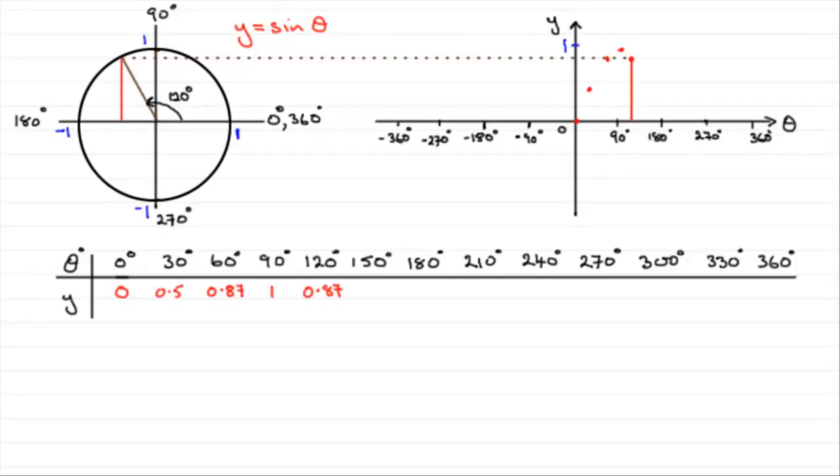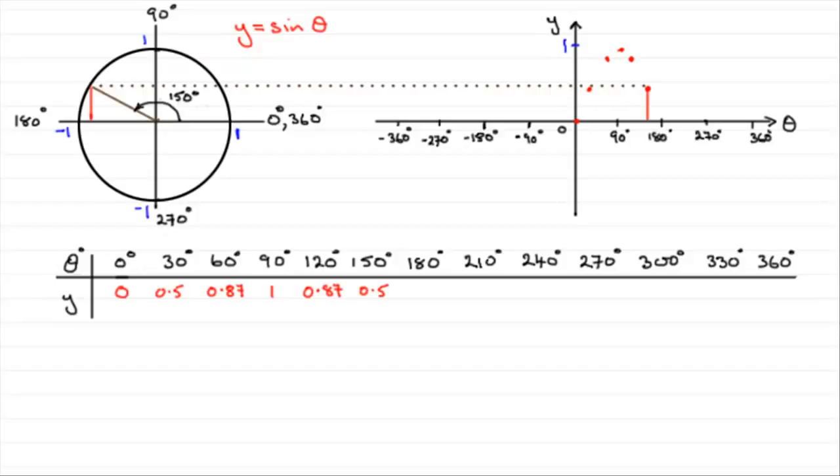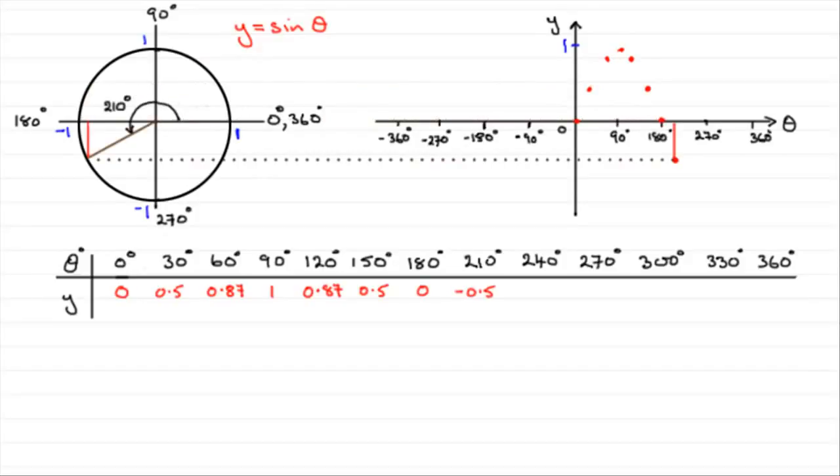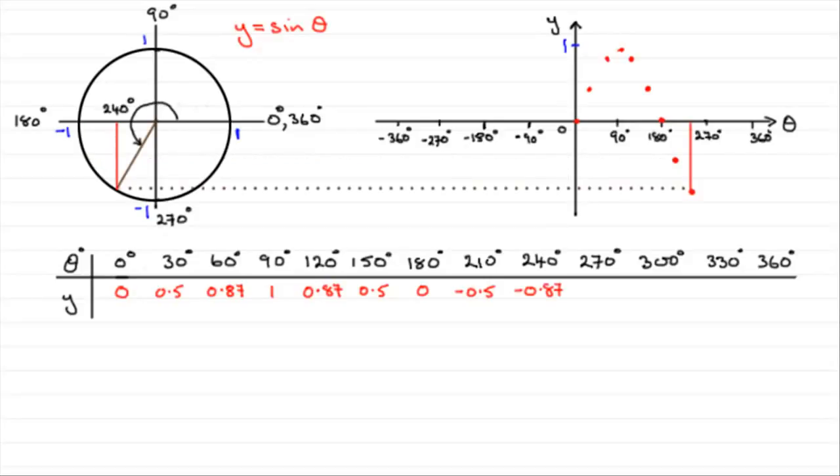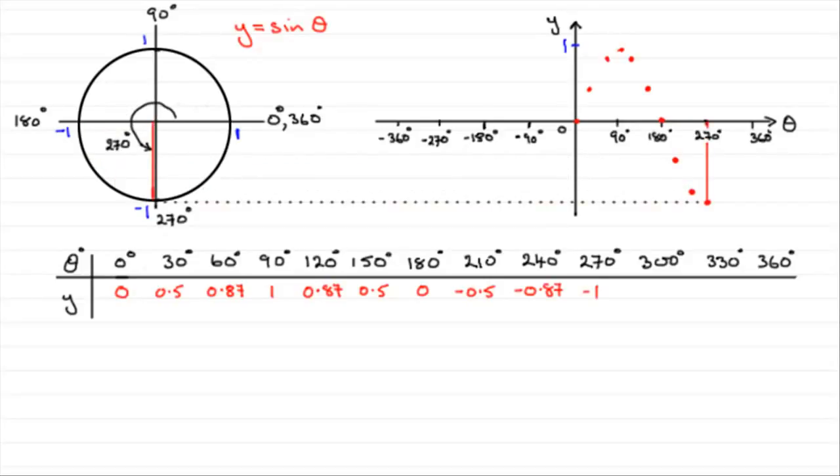Moving on to 120 degrees, the displacement starts to decrease. And you can see what we get now for 150 and 180 degrees. And as we go round, we now start to get negative displacements at 210 degrees, 240 degrees, until we get to 270 degrees, and this gives us our lowest point at -1.